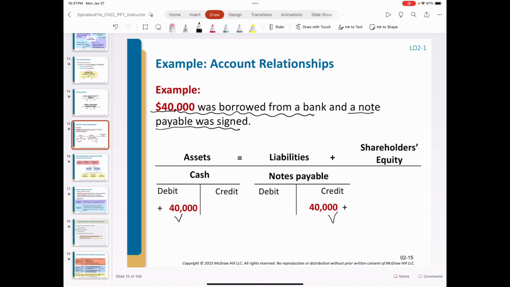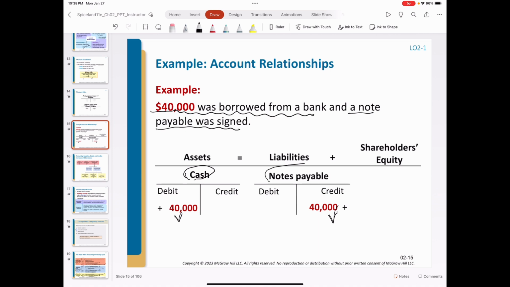Now we do not use increase or decrease. We use debit assets $40,000 and credit $40,000. You know, because cash is an asset account, debit $40,000 means cash increase.